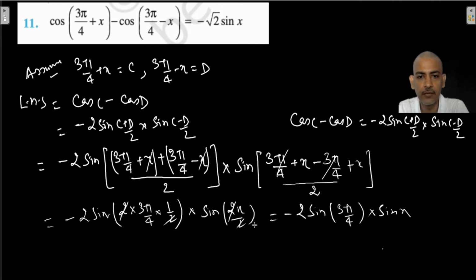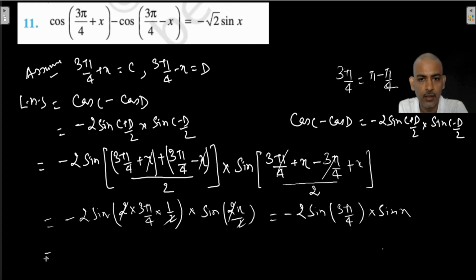Now just like previous examples, can we write 3 pi by 4 as pi minus pi by 4? Why? Because if you subtract this from pi, then you will get 4 pi minus pi divided by 4, right?